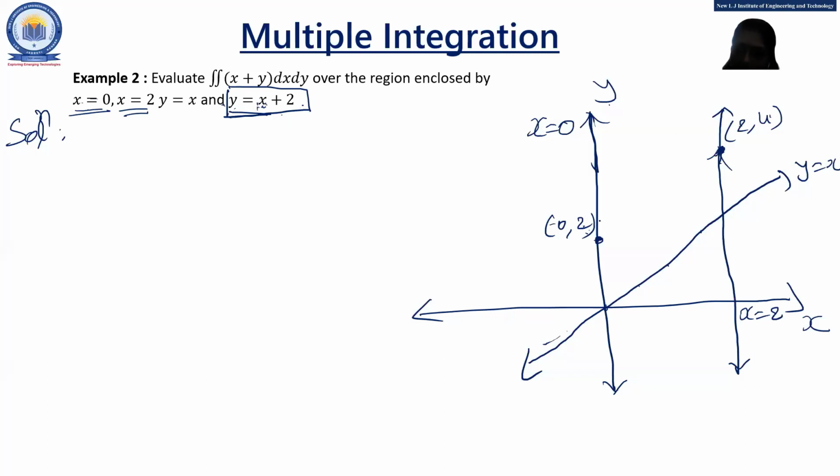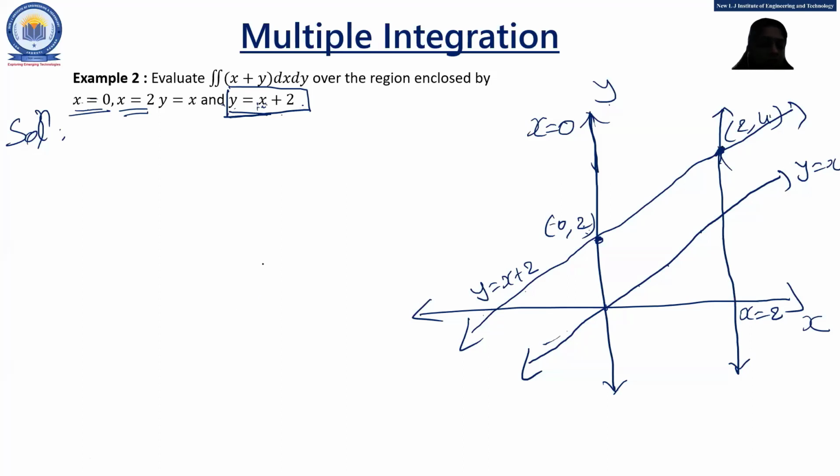So my other point is 2, 4. If I draw a line passing through the points 0, 2 and 2, 4, this is the equation of y equal to x plus 2.